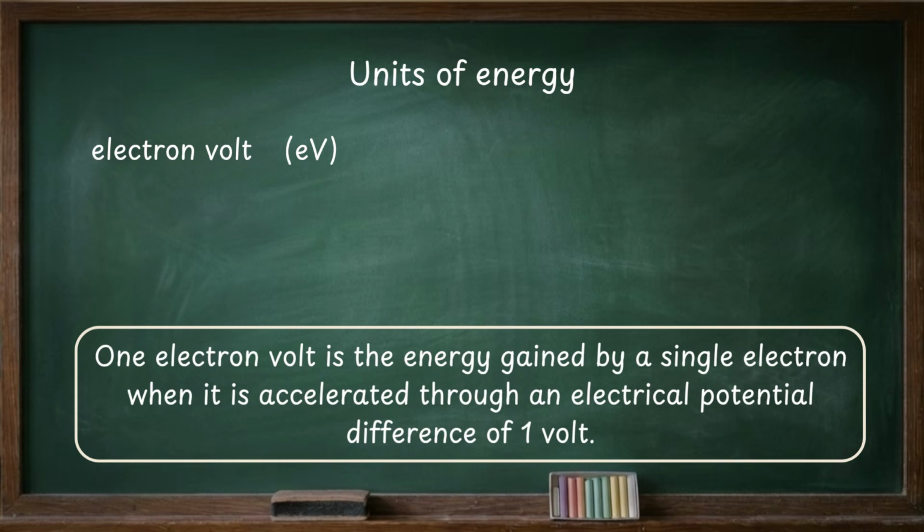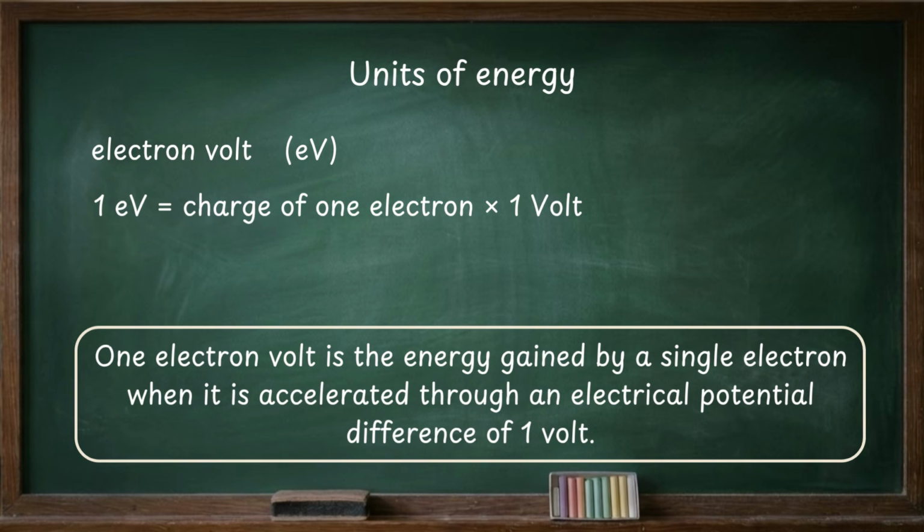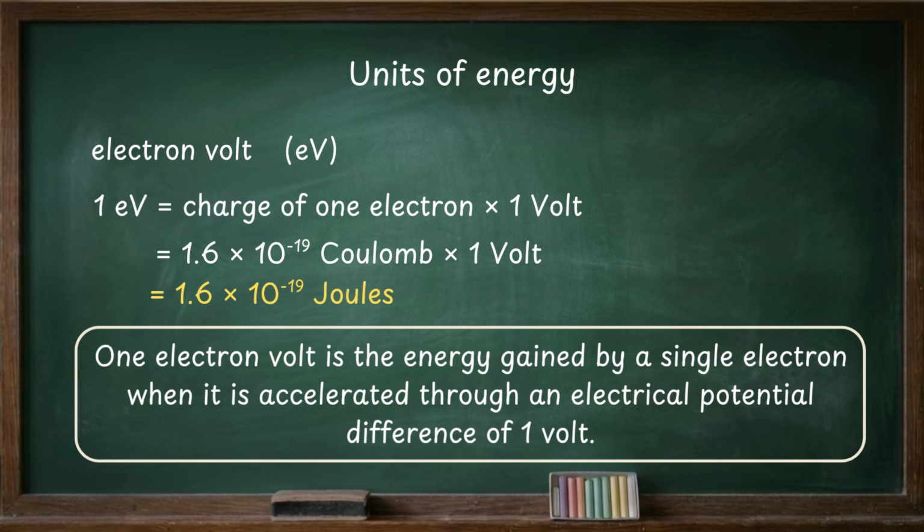In terms of joules, 1 electron volt is an unimaginably tiny fraction. 1 electron volt is equal to the charge of 1 electron multiplied by 1 volt. This equals 1.6 times 10 to the power negative 19 coulomb multiplied by 1 volt, which is just 1.6 times 10 to the power negative 19 joules.